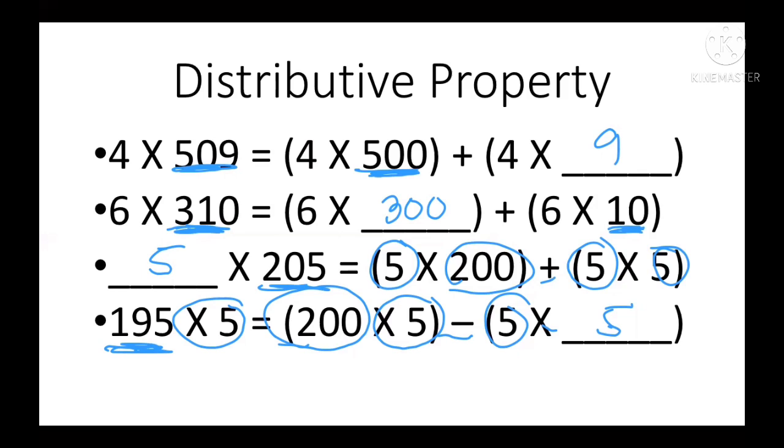For associative property, even though the group of numbers changes, the answer is still the same. Correct? And then we have the identity property. Any number multiplied by 1 is always the original number. Correct? And then zero property. Any number multiplied by 0 is always 0. And then for the distributive property, let us just distribute the number inside the other two numbers. And then the answer is still the same.